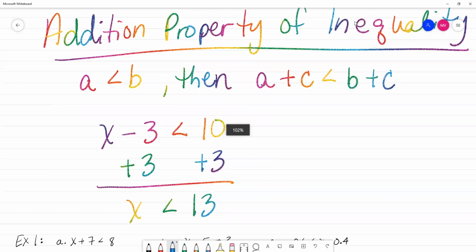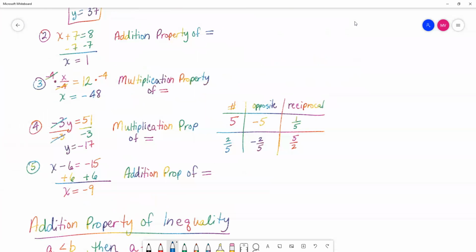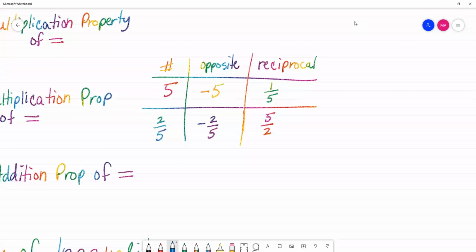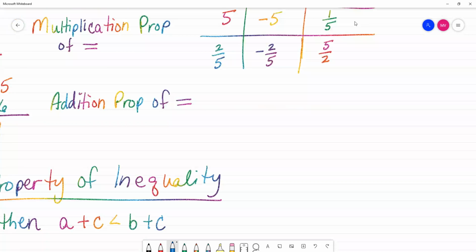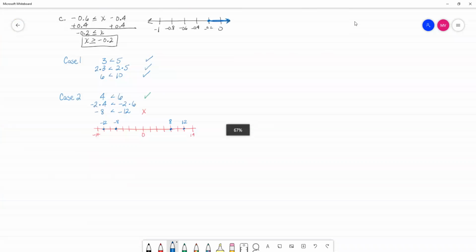If you have the number 5, its opposite changes the sign. Reciprocal inverts it, so it's 1/5. For 2/5, its opposite is -2/5 and its reciprocal is 5/2. So when you divide, all you're doing is multiplying times the reciprocal.